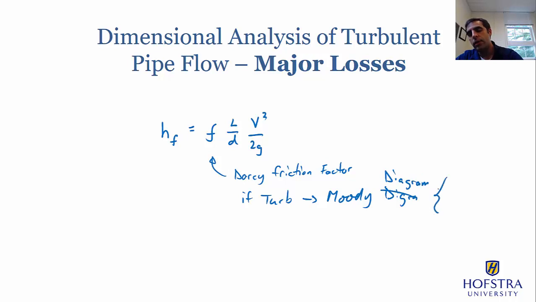In order to use it, the friction factor is a function of both the Reynolds number and the relative roughness. So in the lab manual, it'll tell you what material the pipe is, and you can use that information to go to tables, which will let you know what the roughness is, divide that by the diameter to get the relative roughness. And again, you can calculate your Reynolds number, which is like a non-dimensional velocity. So we'll see that.